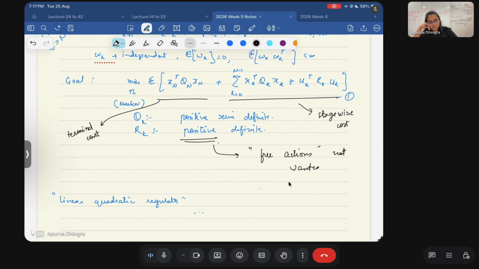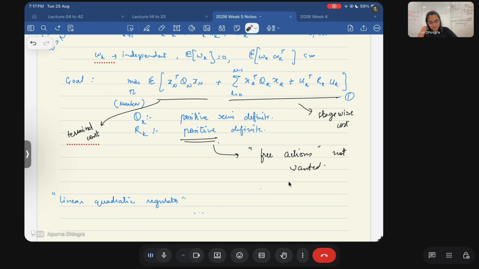What are those free actions? There might be certain actions which are aligned in such a way that this object becomes 0, and that can only happen if one of the eigenvalues of R is 0. But if we say that this is positive definite, then that can never happen. Each action, apart from 0 itself, will bear a cost, and that's the kind of thing we want here. That's the reason why this is positive definite and not positive semi-definite.